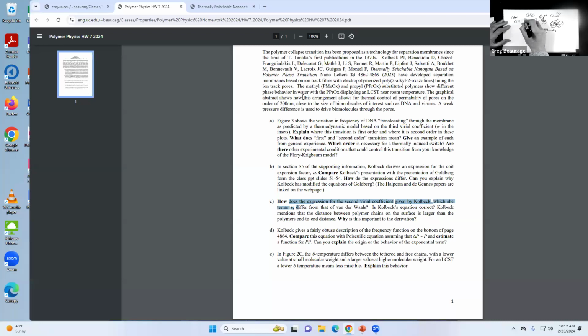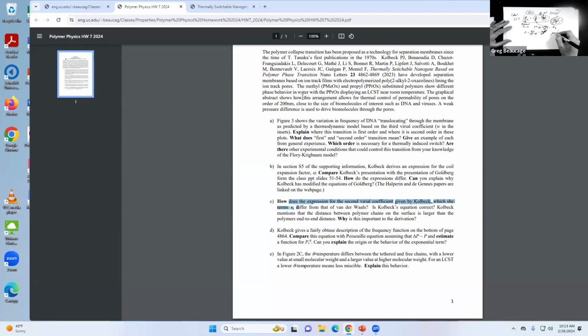Everything goes back to the van der Waals thing. You can get this if you say P is RT over V, with molar volume, so you have no N. Then you say there's excluded volume, and then minus A times rho squared, A divided by V squared, the attractive potential.